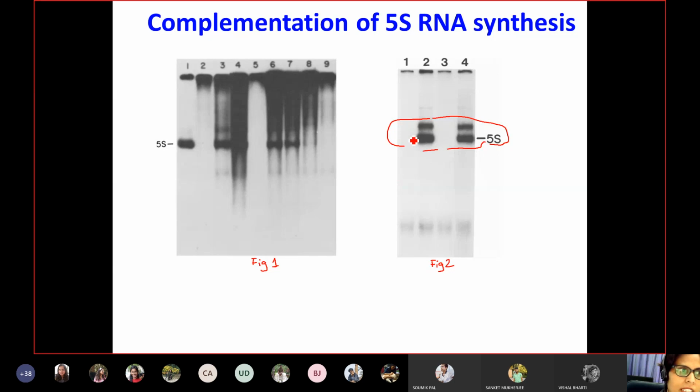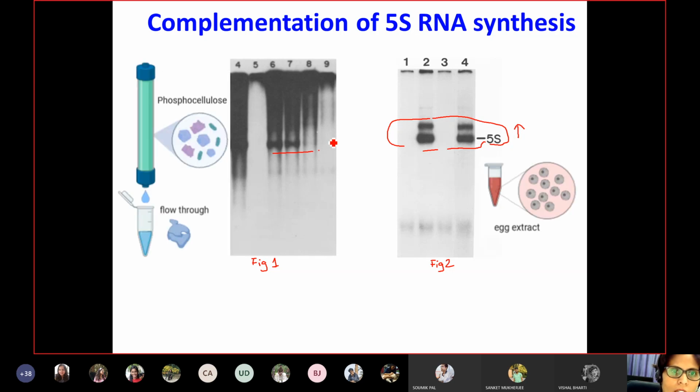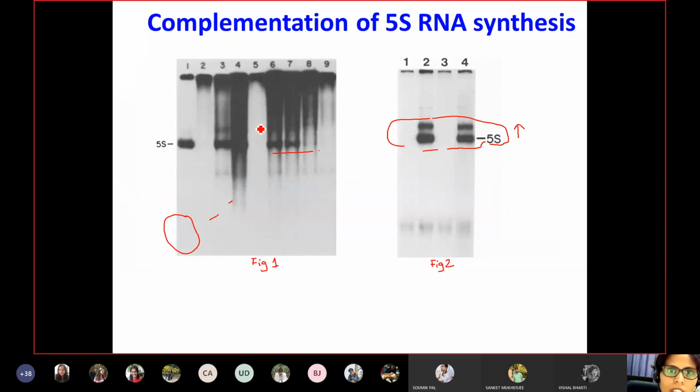It appears that the selective 5S RNA synthesis is much higher when unfertilized egg extract was complemented with the oocyte extract fractions from the Sephadex or phosphocellulose fractions, compared to the phosphocellulose fractions supplemented with exogenous RNA polymerase. So these fractions seem very unspecific. As you can see here, there are a lot of different backgrounds, but this is a very clear picture and you see only specific 5S RNA transcript going on.